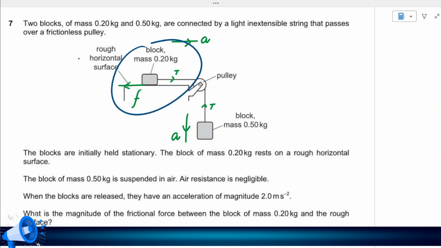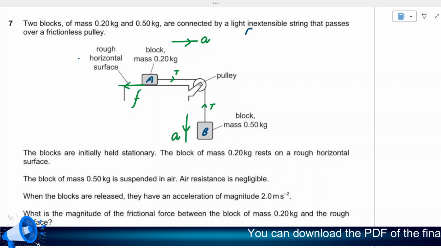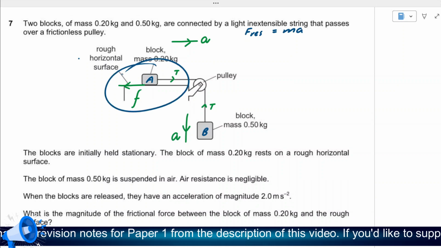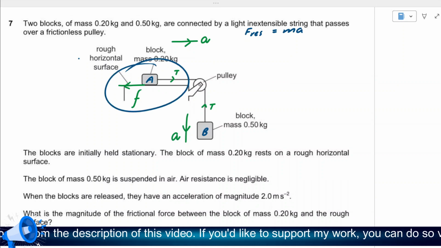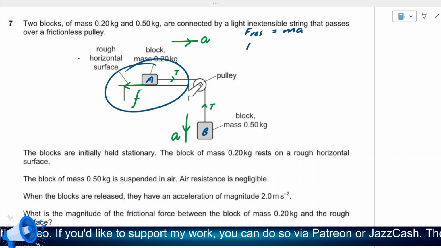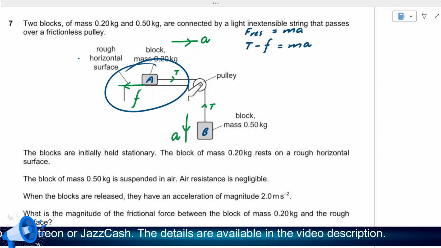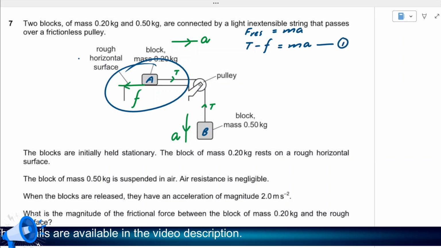I'm going to apply F resultant equals ma for the first one. Let me call it object A, and let me call the second one object B. F resultant equals ma for the object A. What is the resultant force? T minus F or F minus T? It would be T minus F because it's accelerating to the right side, equals ma. First equation done.